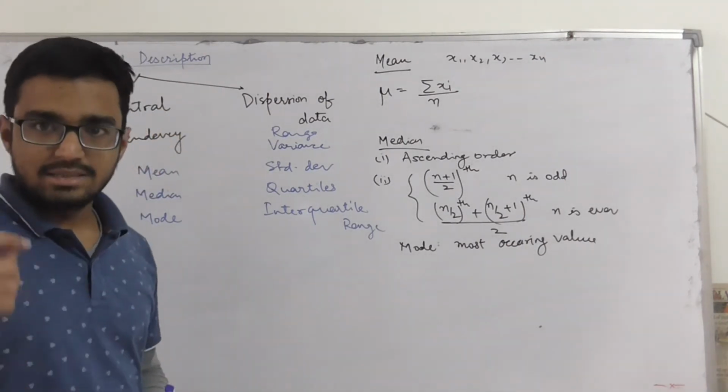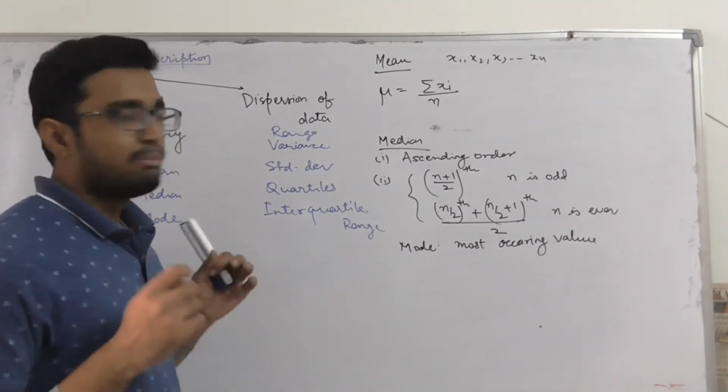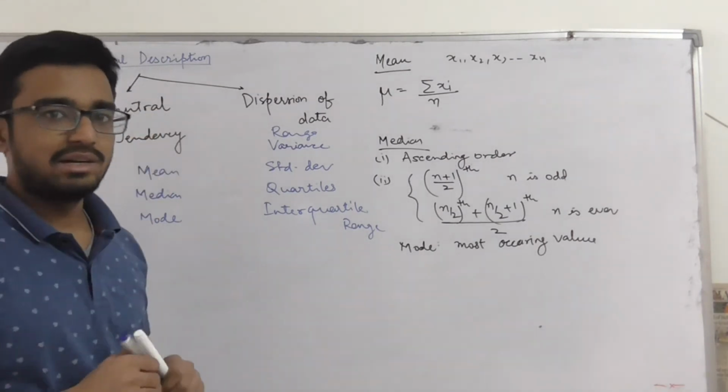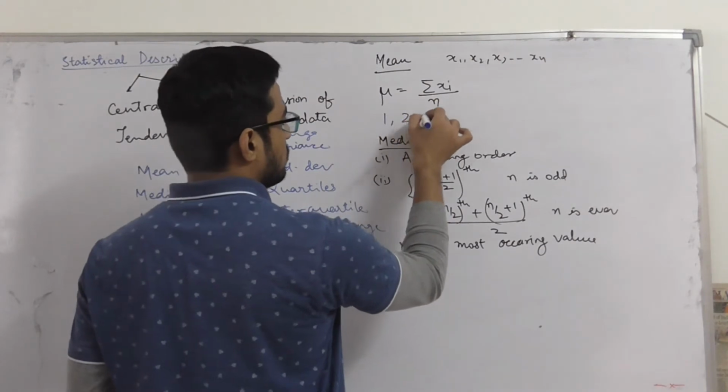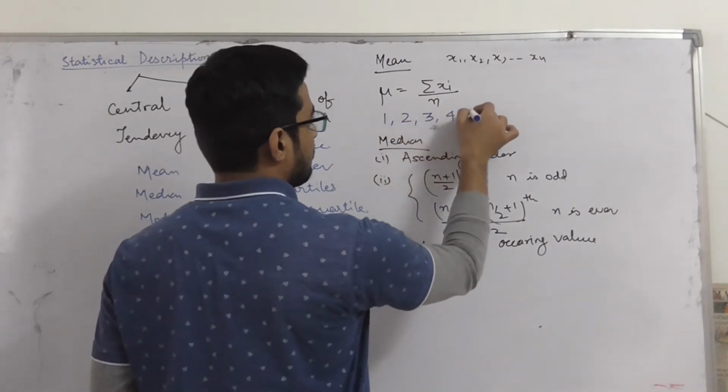Now let us take an example and see the impact of an outlier on these central tendencies. Let us take 1, 2, 3, 4, 5.